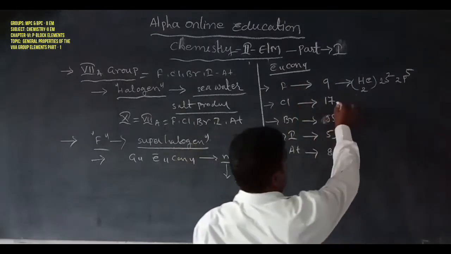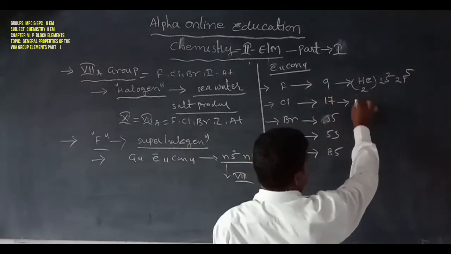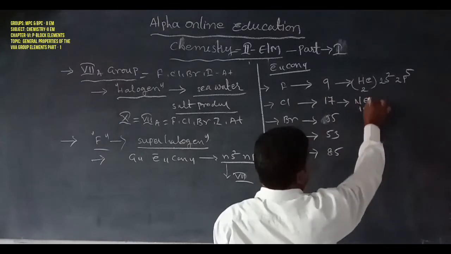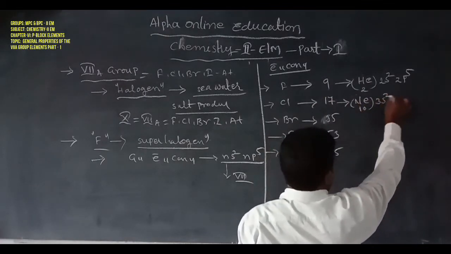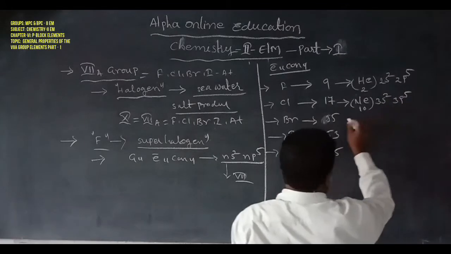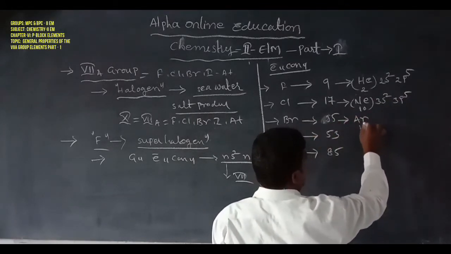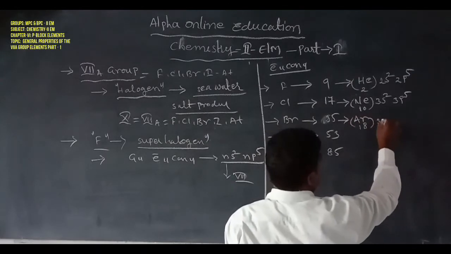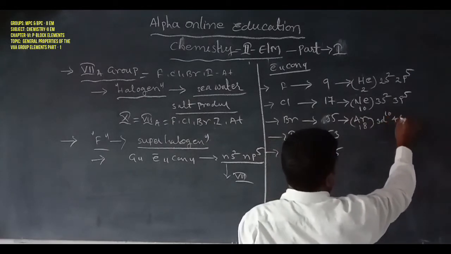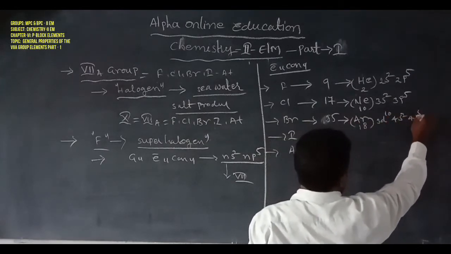Next, chlorine, atomic number 17: neon, atomic number 10, 3s2 3p5. Next, bromine: argon, atomic number 18, 3d10 4s2 4p5.